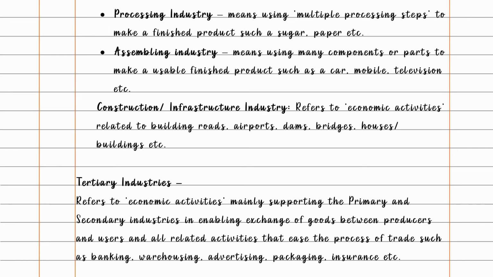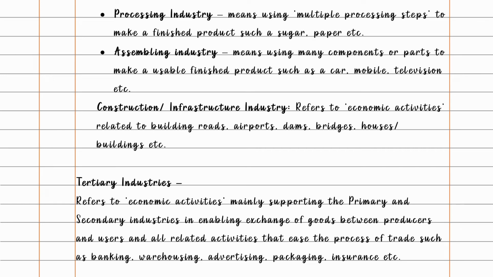And finally, the third type of industry is the tertiary industry. So we've spoken about the primary, the secondary, the tertiary. Tertiary would mean that it's branching out. So essentially, when you say tertiary industry, it means economic activities which are mainly supporting the primary and the secondary industries, which are ensuring that goods reach from the primary industry to the secondary industry, from the secondary industry to the final consumer.